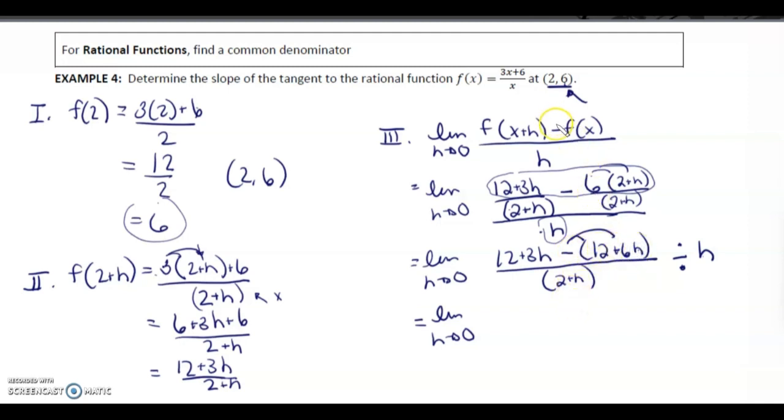Just remember that we're subtracting this entire function. Okay, so we have 12 plus 3h minus 12 minus 6h all over 2 plus h. But instead of dividing by h, we're going to multiply by 1 over h. And that's going to come in handy, this trick here.